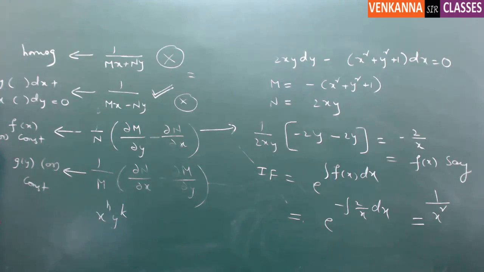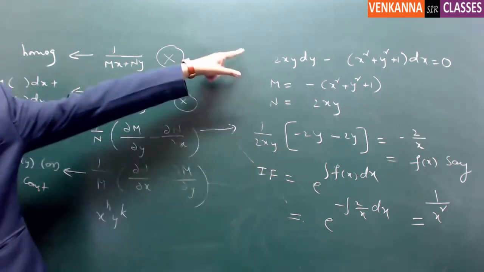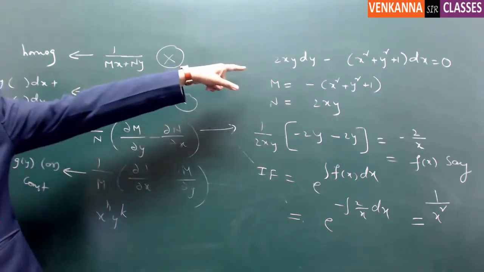Accepted? The integrating factor value. So minus 2 log x, nothing but x power minus 2, so 1 by x square. Now, with this integrating factor, I am multiplying the given equation with that.